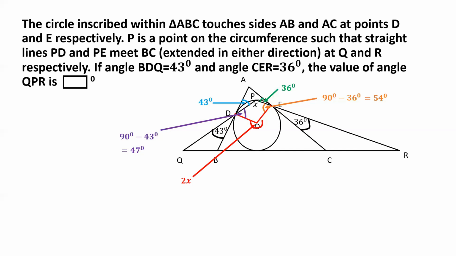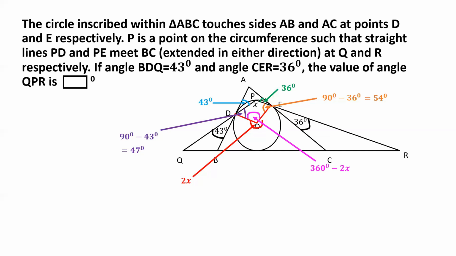And if this is 2x, then this angle within the quadrilateral PDOE, that I have marked in pink or magenta, will be equal to 360 minus 2x, because the sum of the angles around a point, in this case the center O, should be 360.